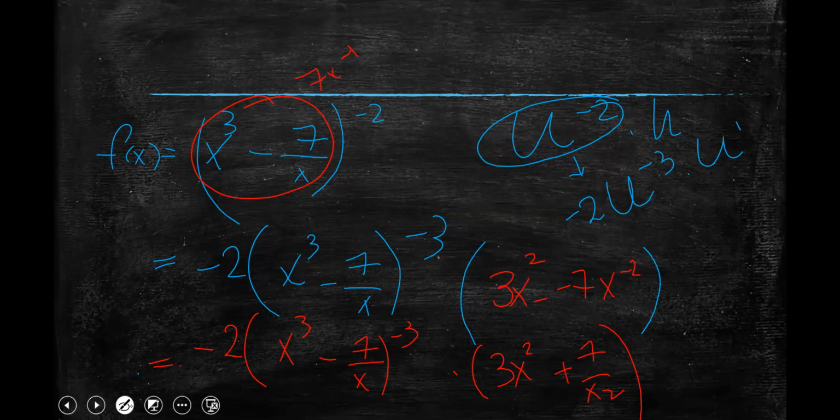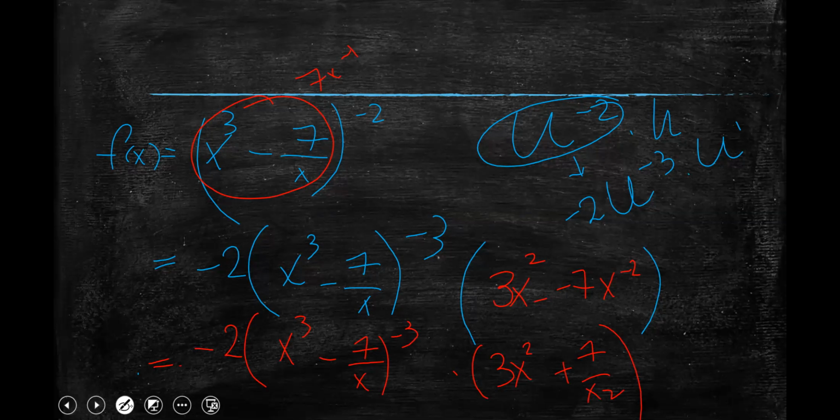Okay. Another example now. If you have f of x equal 4 over (3x squared minus 2x plus 1) cubed, and I want to differentiate it.